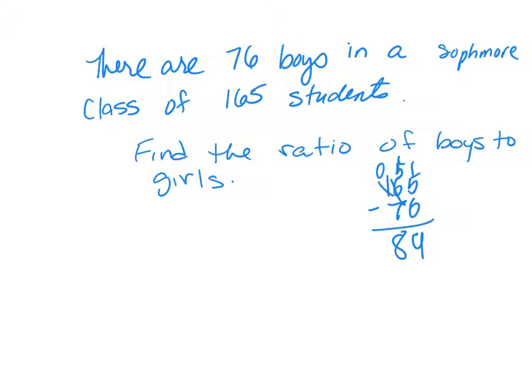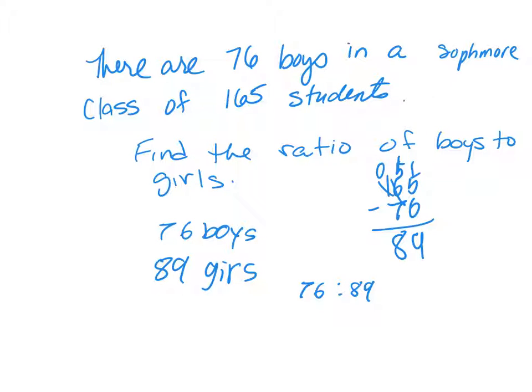So we now know there's 76 boys and 89 girls. So we need to find the ratio of boys to girls. So there are 76 boys and 89 girls, and I believe we can simplify that.